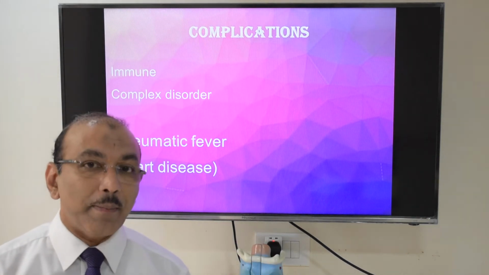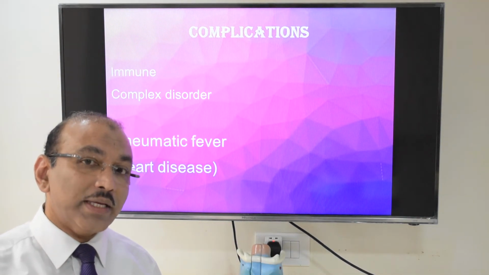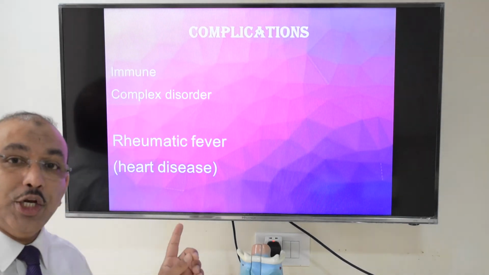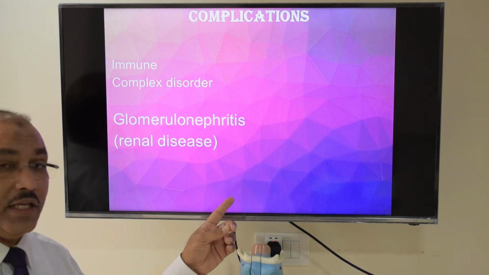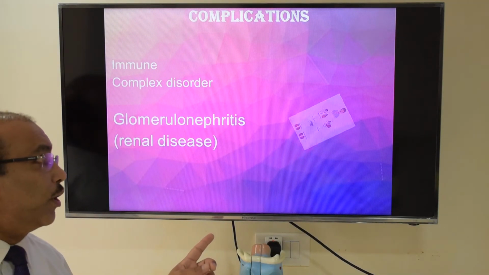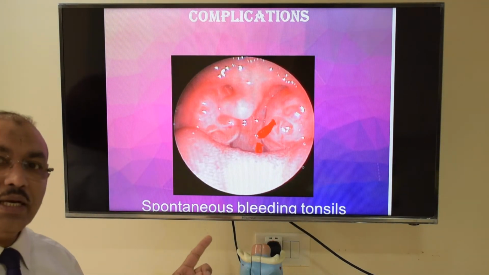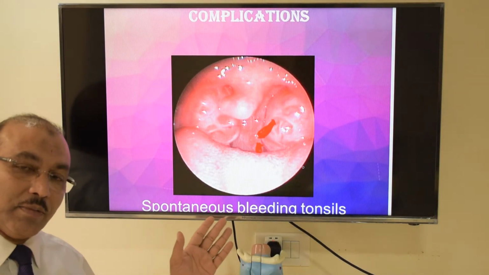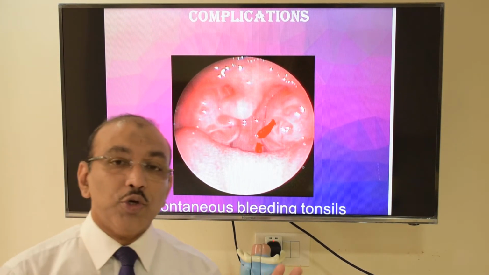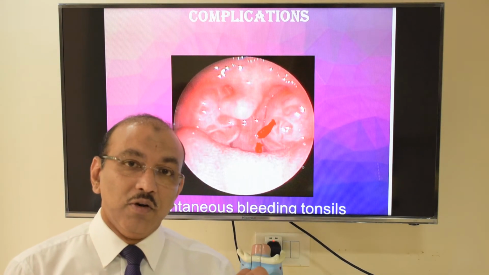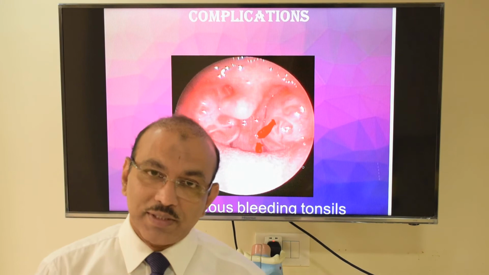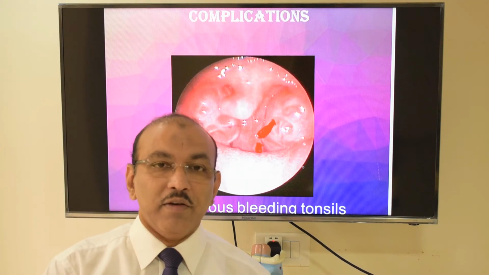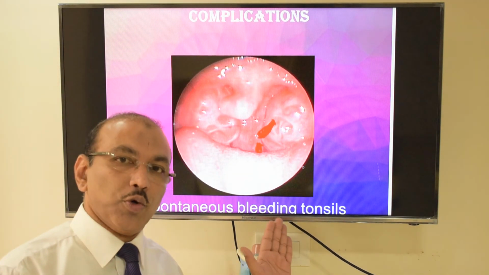Since the immune complex is disturbed, it can lead to heart disease. Likewise, it can lead to renal, kidney involvement also. Last, sometimes the tonsil can have a spontaneous bleed, for which simple cautery may be enough, or you may need to admit the child, investigate further and do the needful to control the bleeding.